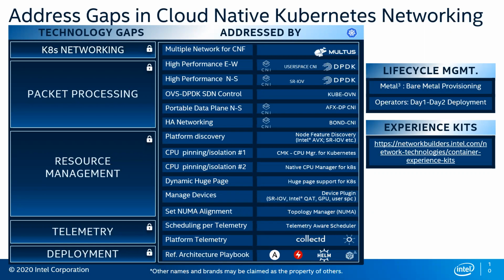One is CMK, the other one is an approach for CPU pinning and isolation, which is available as part of native Kubernetes. All those enable creation of pods with different cores, where the application can be assigned, with priority, on the preferred cores.